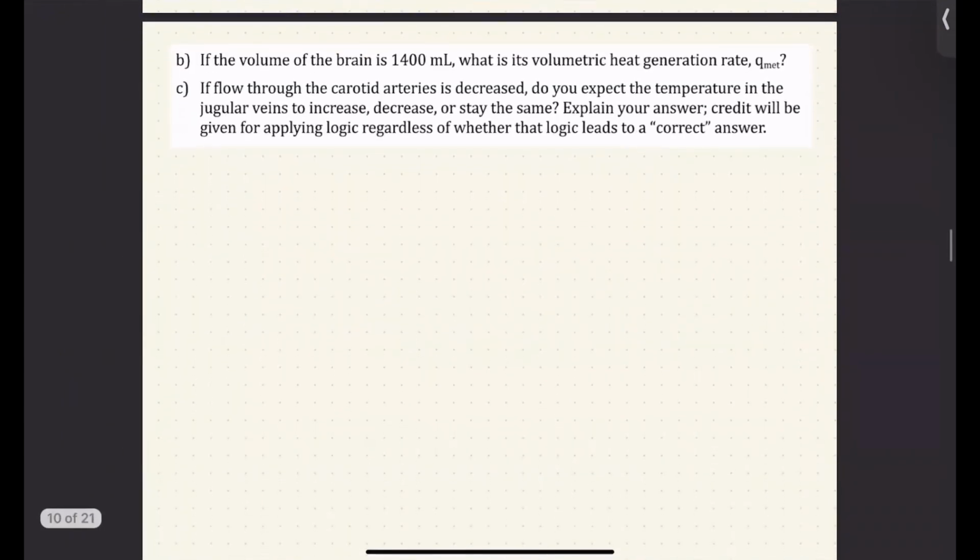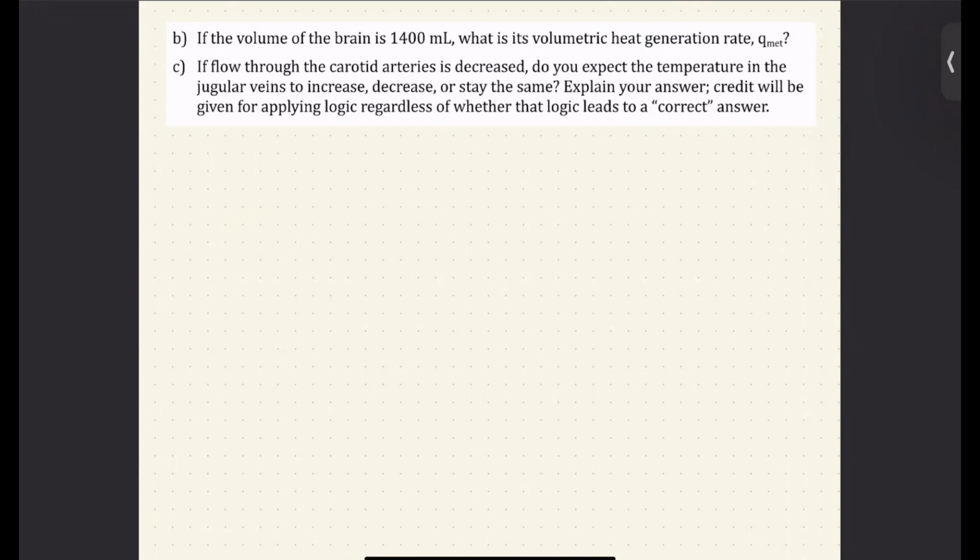Great. And for part B, it's asking if the volume of the brain is 1400 mil, what is the volumetric heat generation rate Q met? Well, since we already have big Q, we know through Fourier's that Q met is going to be the big Q divided by the volume of the brain.